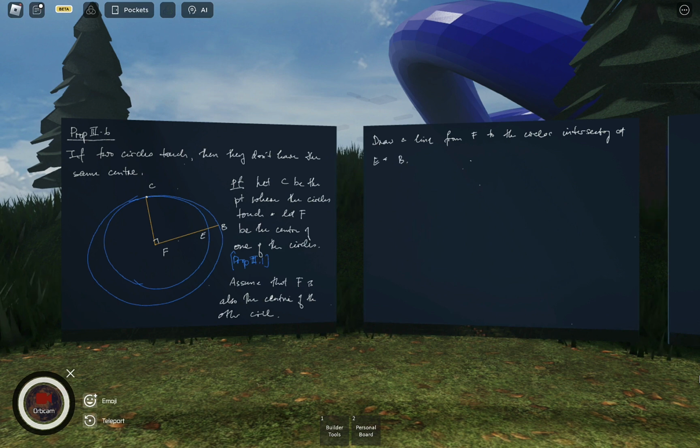We have FC equals FE, because F is the center of one of the circles, the circle that E is on, and FC is equal to FB, because we assume that F is also the center of the circle that B is on.